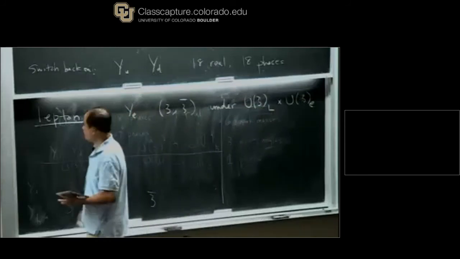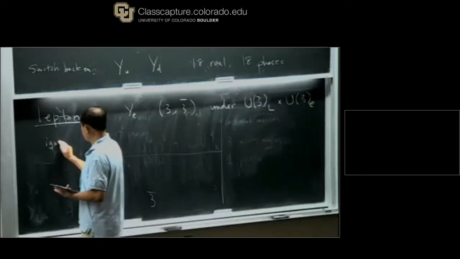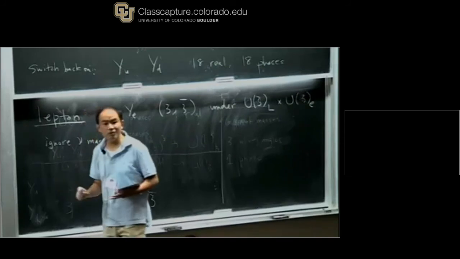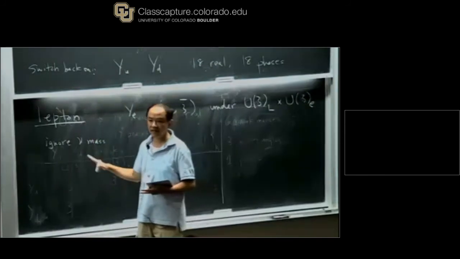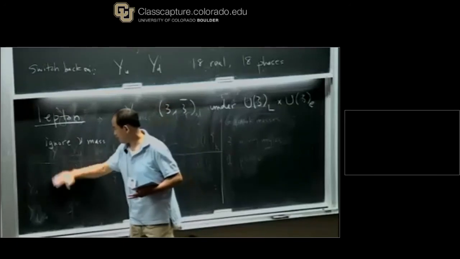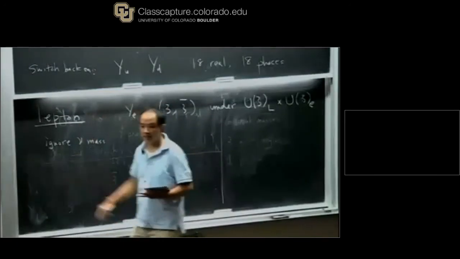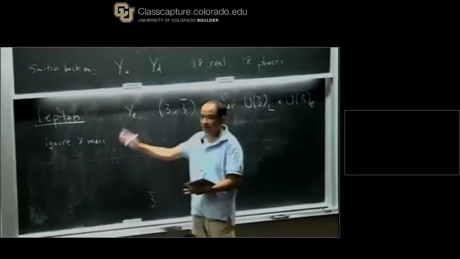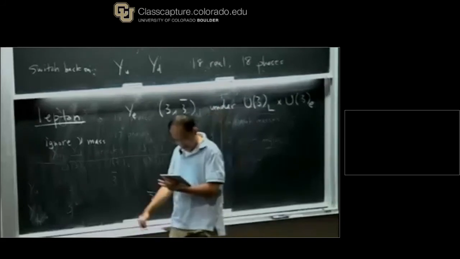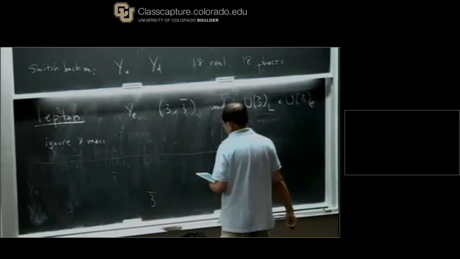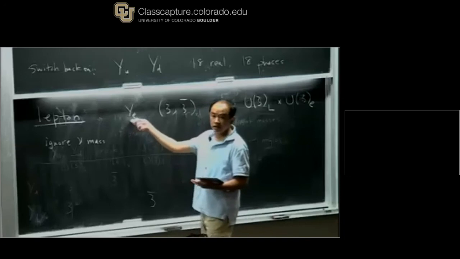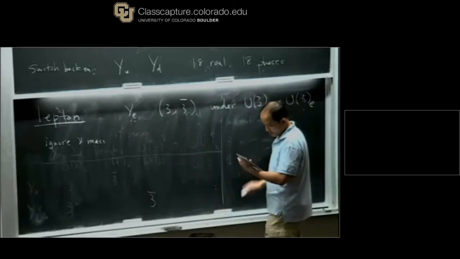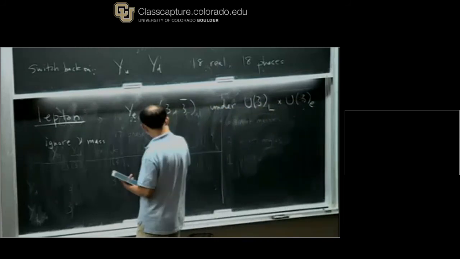Now, for the moment, let's ignore neutrino mass, because that's something different. Imagine neutrino has a very small mass, and its effect is very small. Then this Yukawa coupling, this spurion, breaks this flavor symmetry, and it's slightly different.